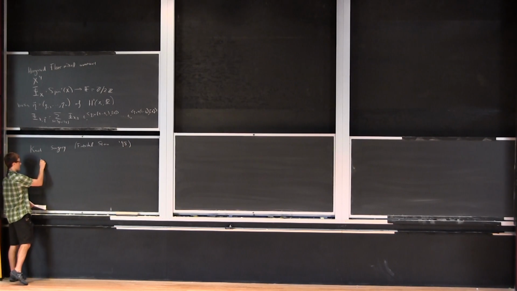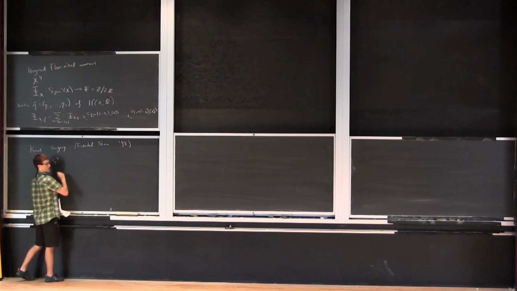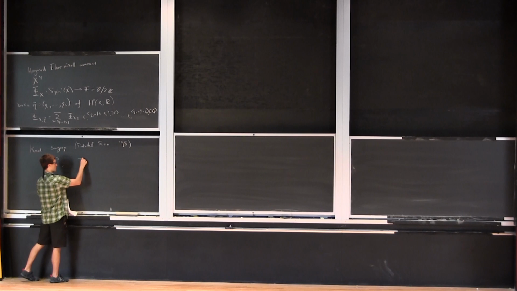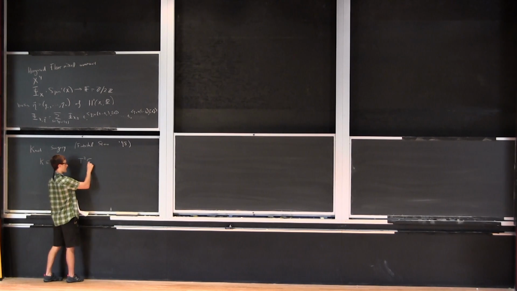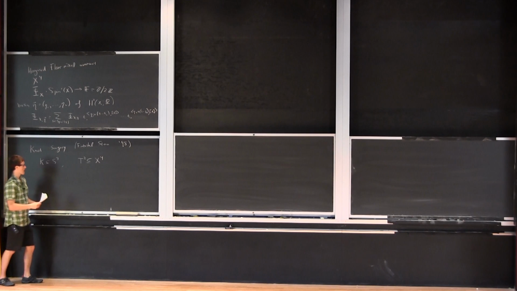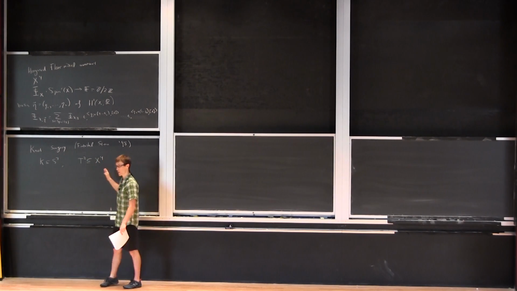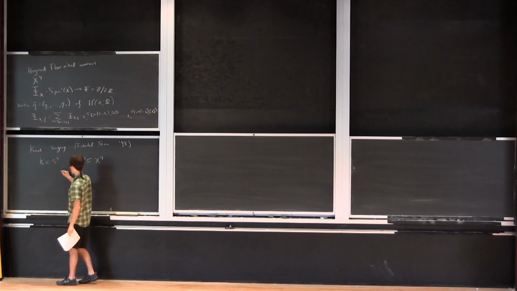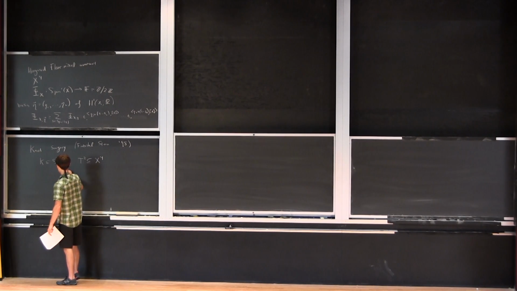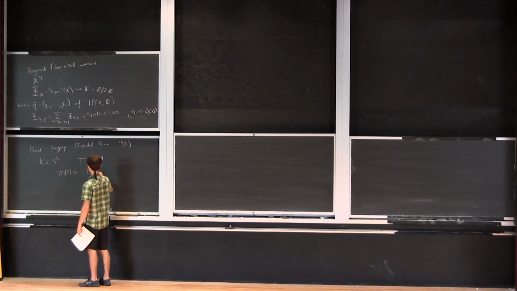So if you have a knot K in S3 and a four-manifold containing a torus T, we need to assume something about this torus. We need to assume that it has self-intersection number 0, and that the class of T is not 0.